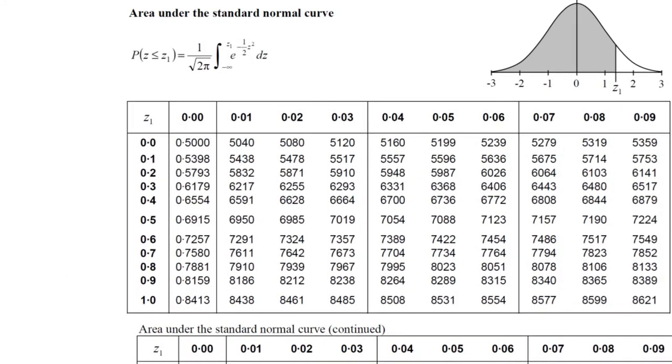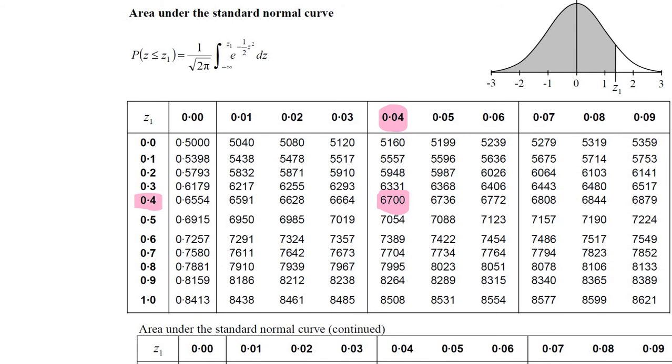and find a z-score which gives us a value of 67%. That value of 6700 means 0.6700. As a percentage, that's 67%. So the z-score for that is 0.4, and to the second decimal place is 0.04.